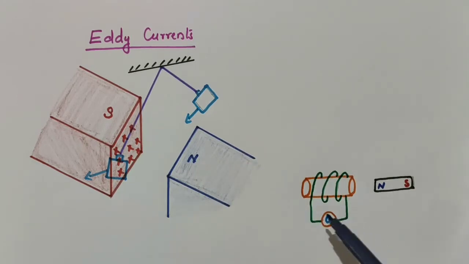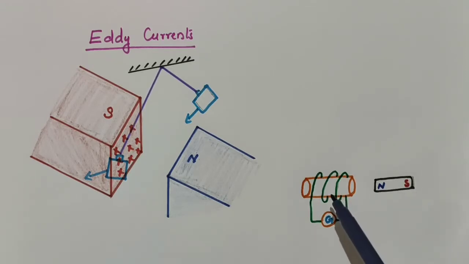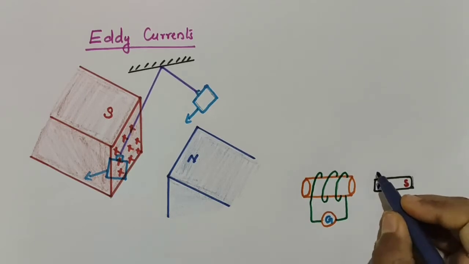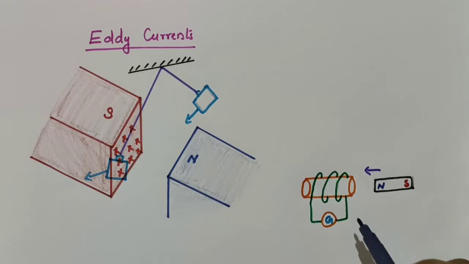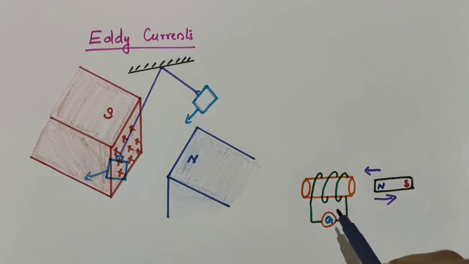While discussing Faraday's experiments, we have seen that when the north pole of the magnet is pushed towards the coil, the magnetic flux linked with the coil increases, and when it is moved away from the coil, the flux linked with the coil decreases.